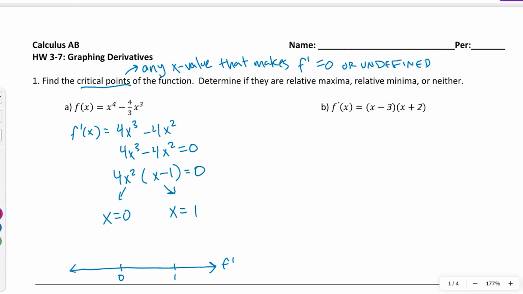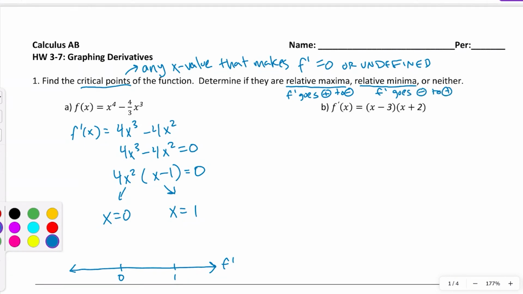And that's going to help us determine whether or not these points are relative maxima, which is where the derivative, or f prime, goes from being positive to negative, relative minima, which is when f prime goes from being negative to positive, or neither, which if it's neither, there's no sign change.